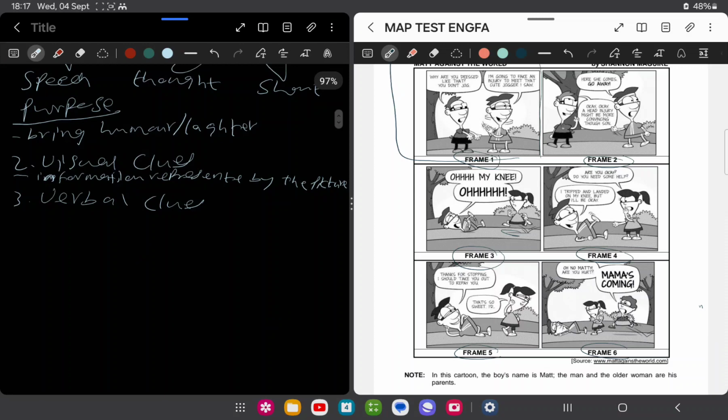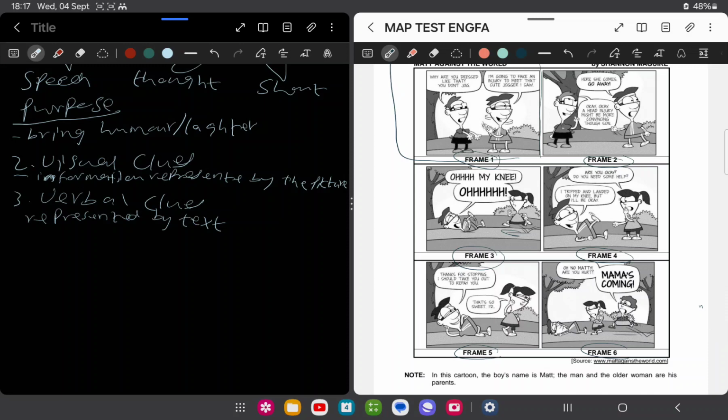Verbal clues are information represented by the text, the words, in the cartoon.